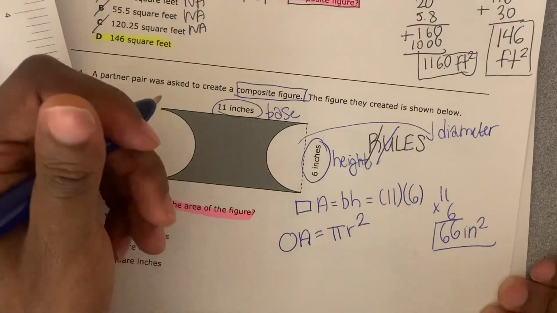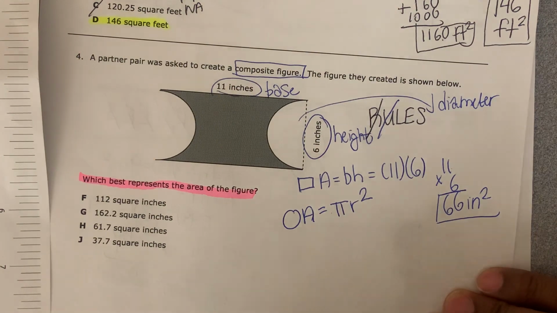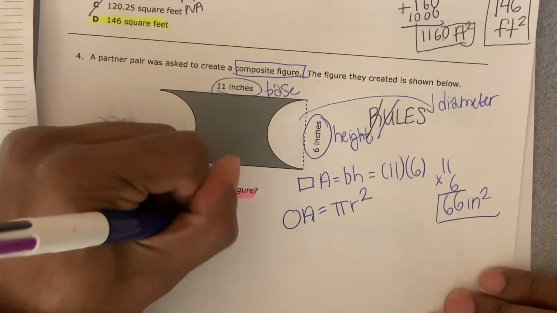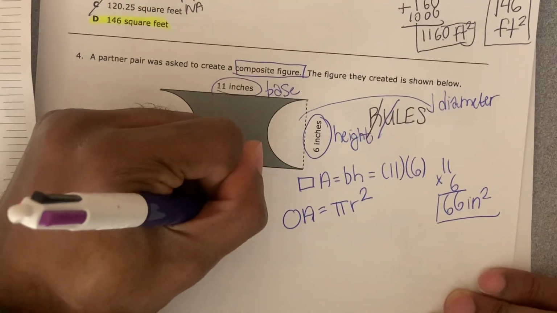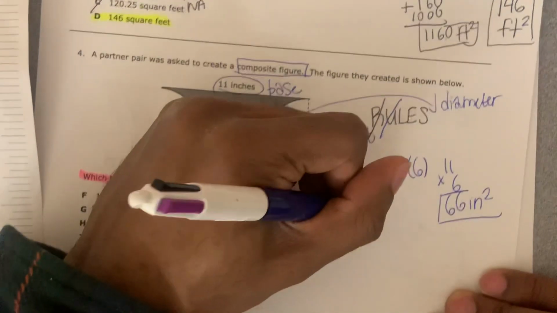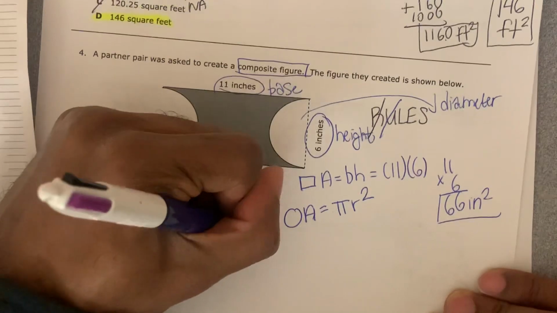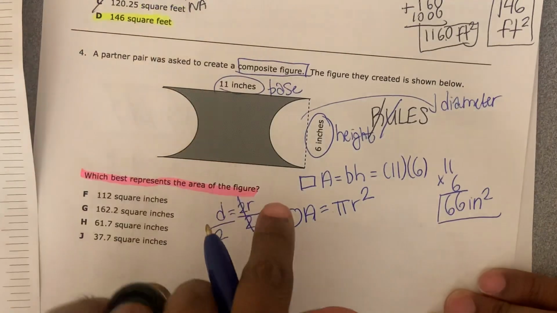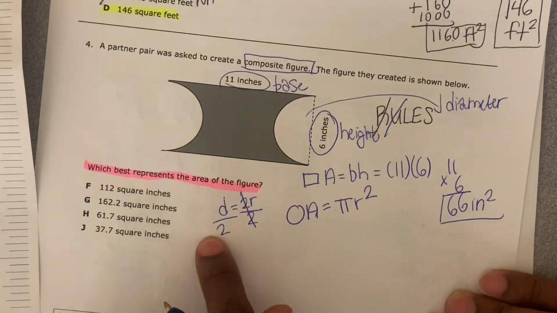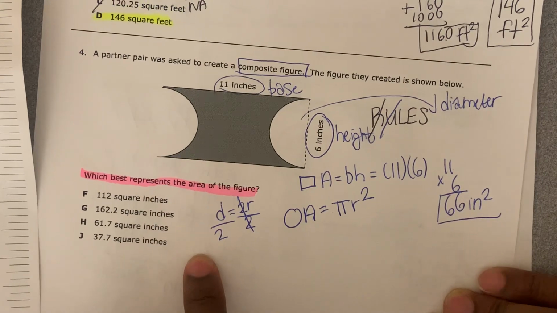Now, we just determined that the diameter is equal to 2 times the radius. So in order for us to figure out what the radius is, we have to do a little bit of algebra. If we divide both sides by 2, we figured out that r is equal to the diameter divided by 2. So the radius is equal to the diameter divided by 2.